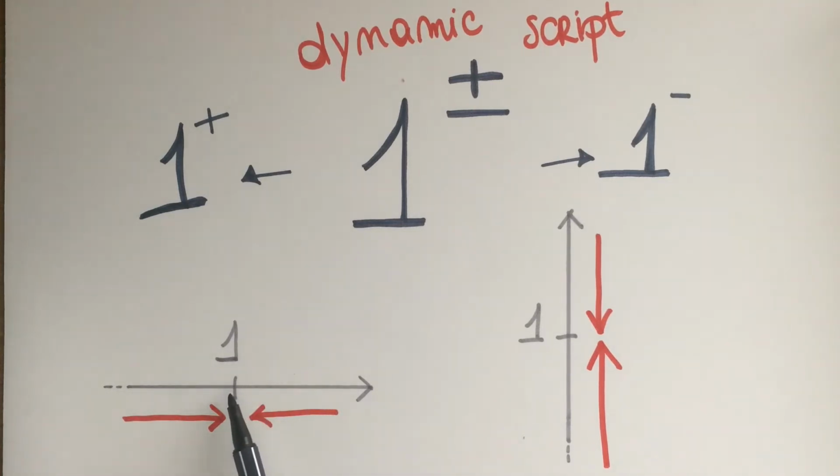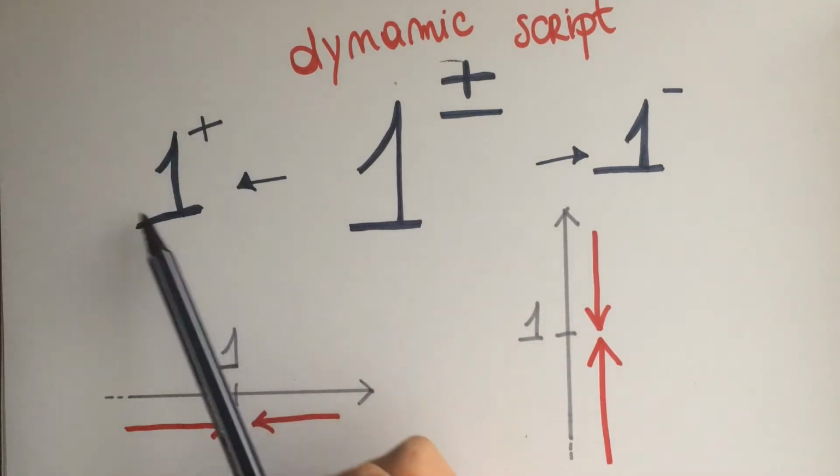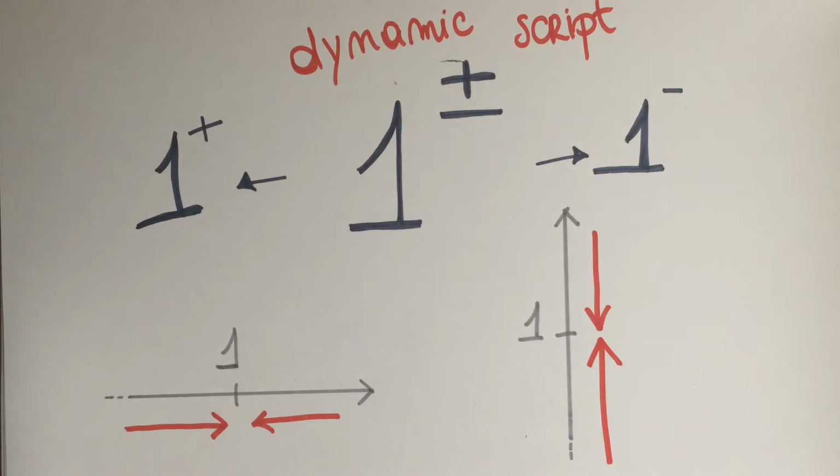And here we have our point 1. This script, which has to be read as 1 from the right, considers the movement that is approaching our point 1 from the right, and so from the higher value to the point itself.